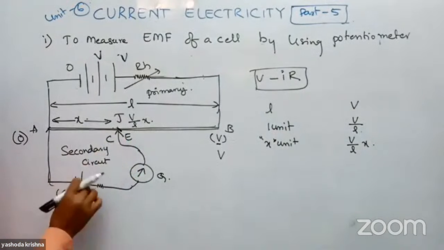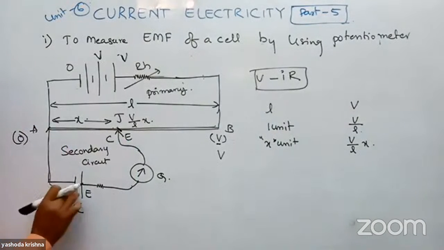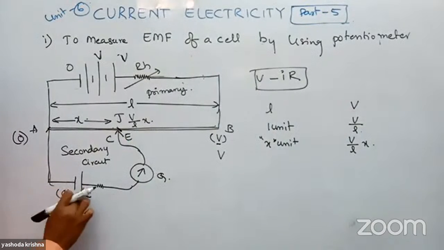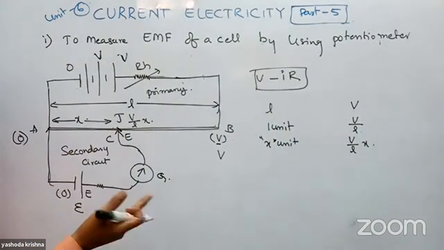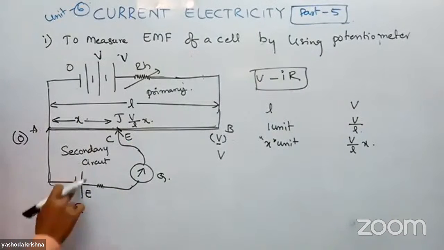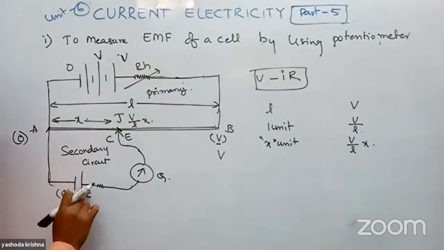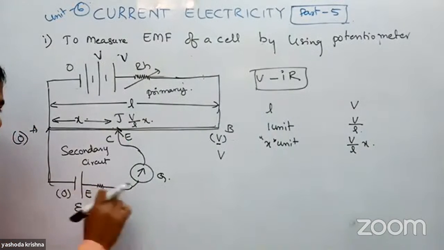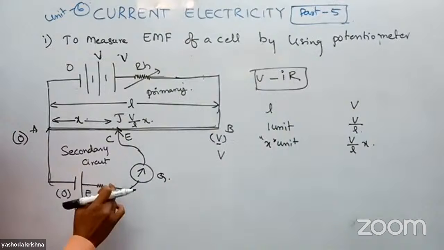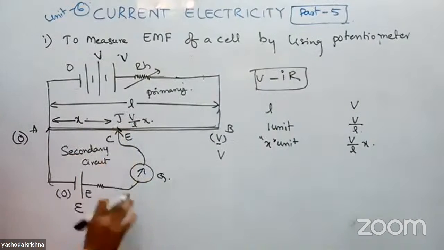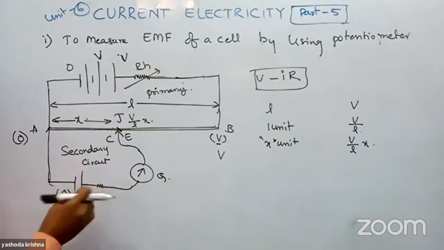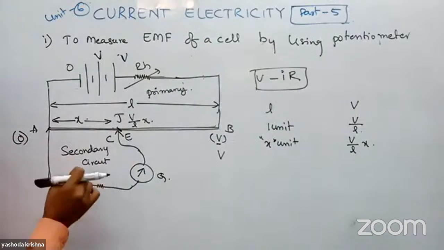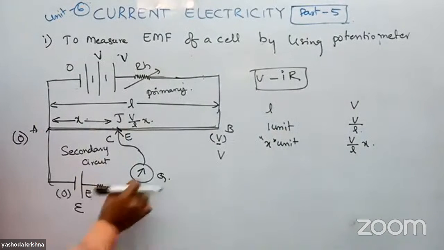That's why the potential difference does not change here. For point to point, zero. But from point to point, E will be increased, a potential gain due to the battery. This wire has a potential drop, but here current does not flow. That's why the potential does not change.